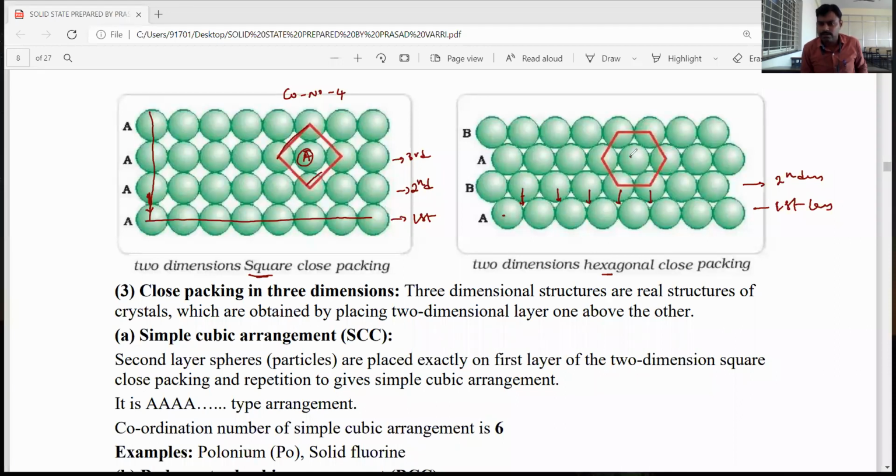Now, for example, take one A atom. It is surrounded by 6 atoms: 1, 2, 3, 4, 5, 6. That's why its coordination number is 6.